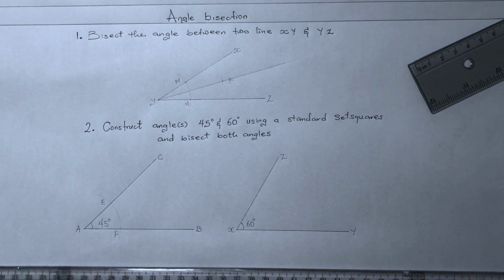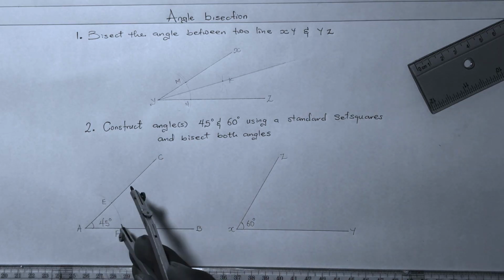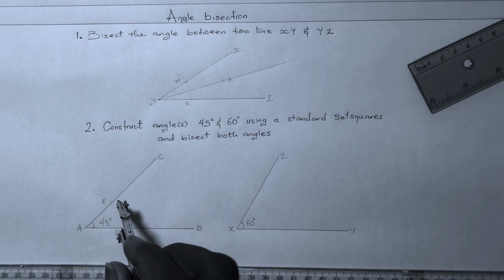Open your compass to any convenient radius, and at point F, you mark an arc.